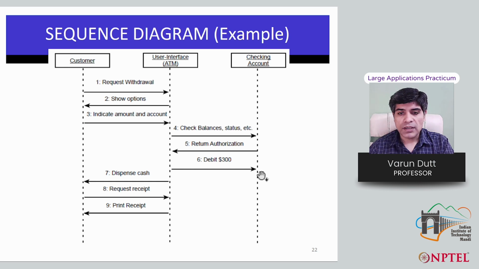It will debit $300, dispense the cash to the customer, and then request the receipt. The customer will request the receipt and it will print the receipt. So this set of 9 steps happened in sequence in a time-bound manner, and you can also see the exchange of messages between different objects.